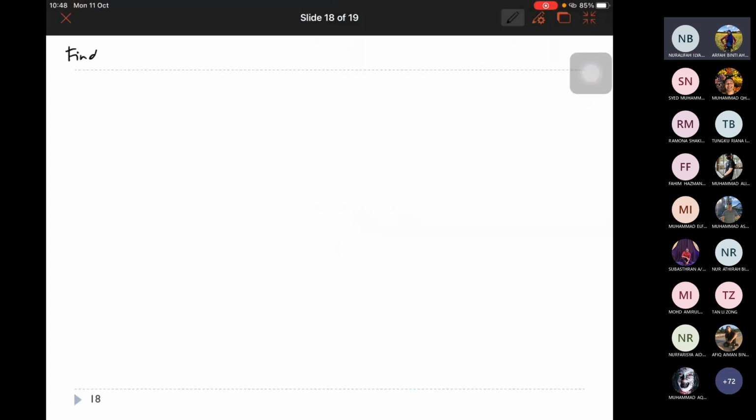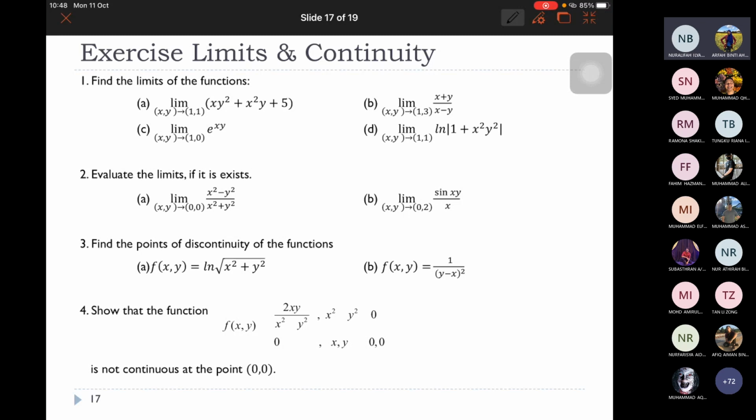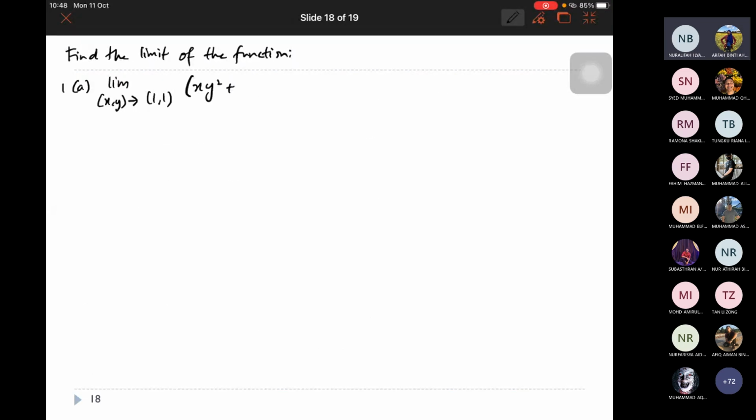Find the limit of the function. A, the limit of (x,y) approaches (1,1) of xy squared plus x squared y plus 5.